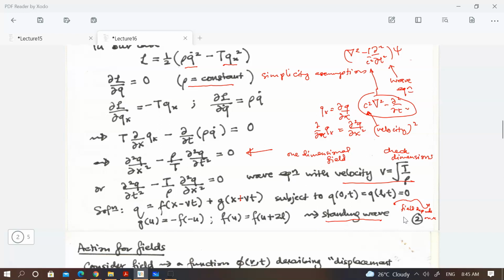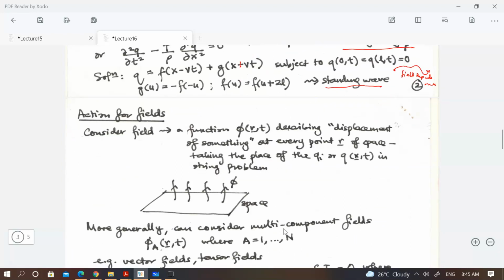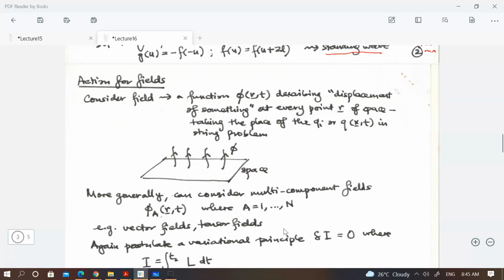Okay. So now in order for us to talk about fields in general, we'll consider a function rather than just a function of x. Previously, your q was a function of x and t. Now you allow it to depend on your other variables in three-dimensional space. So this is now 3D position, and of course it also depends on your time.